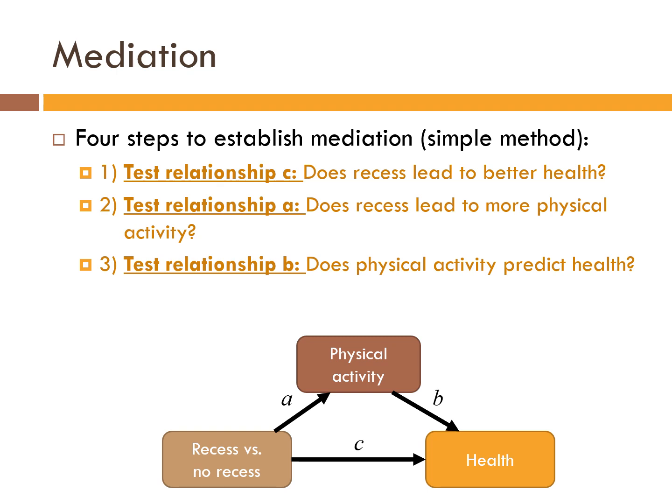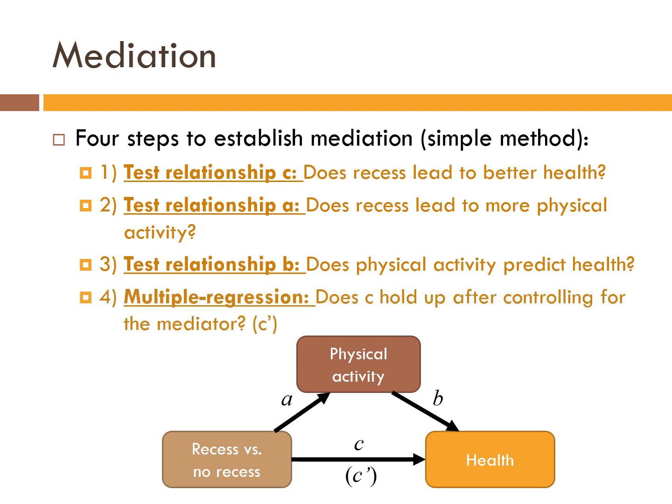If someone has more physical activity, are they healthier? It's important to note that so far, all 3 of these test relationships have been bivariate. They can be a correlation or a regression, but we are just trying to see, is there a relationship between these variables, individual sets. The 4th step, though, runs the multivariate analysis, or the multiple regression.